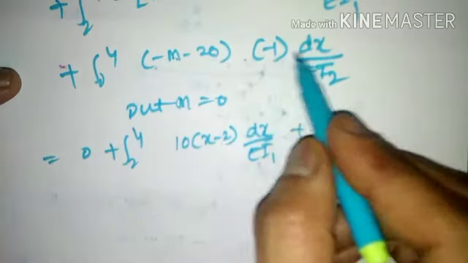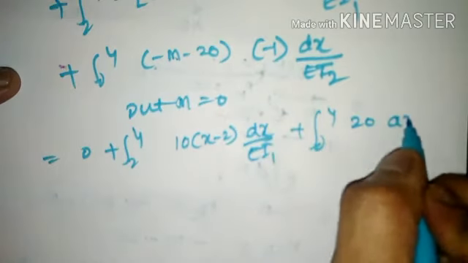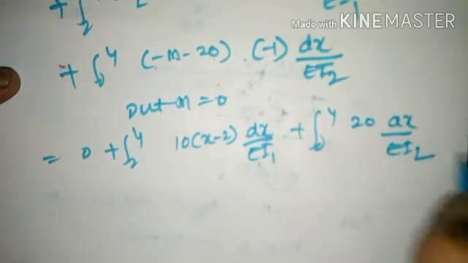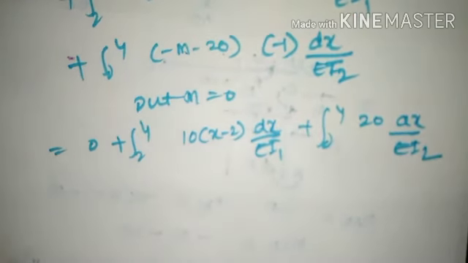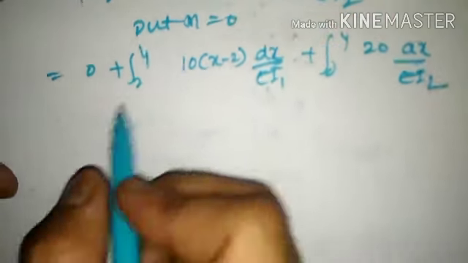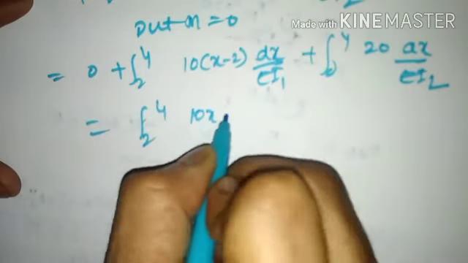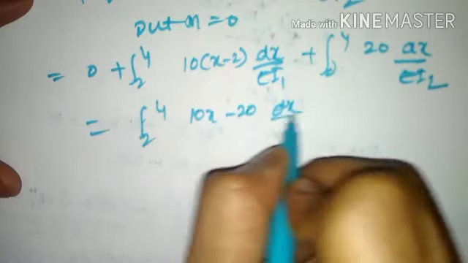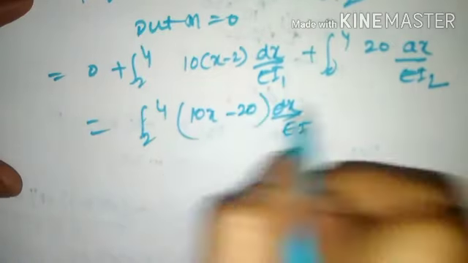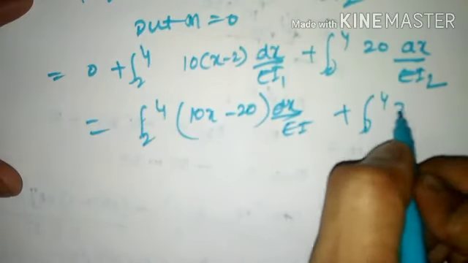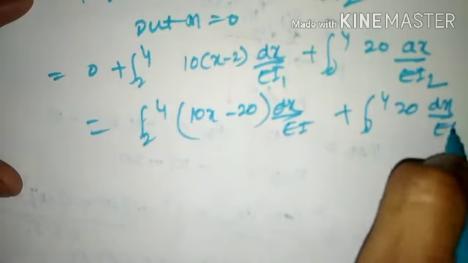Minus of 20 into minus of 1 will be plus of 20 dx divided by EI2. So this will be the expression that we are going to get, and we are going to expand this. When I expand this, 0 to 4, 10x minus of 20 dx divided by EI1 plus 0 to 4, 20 dx divided by EI2.